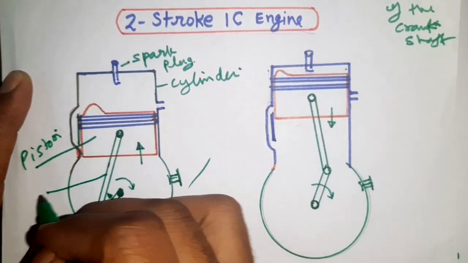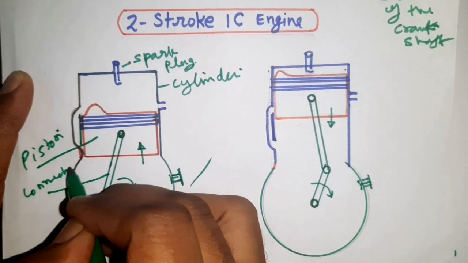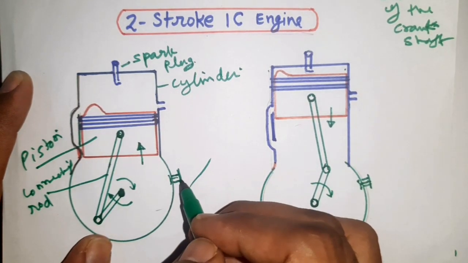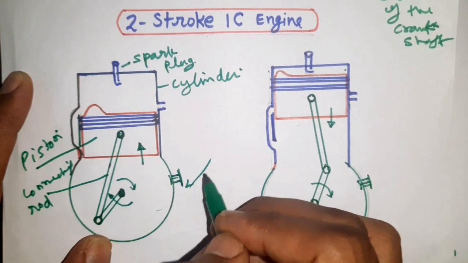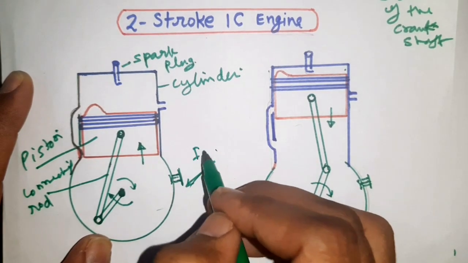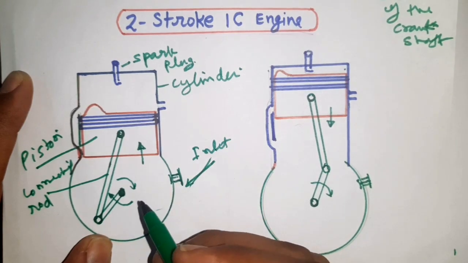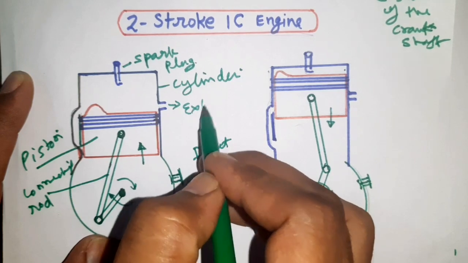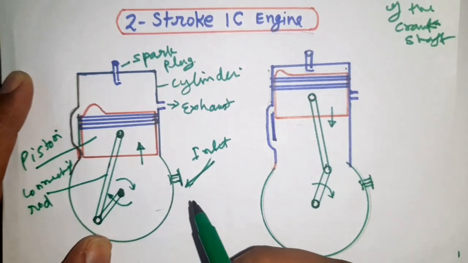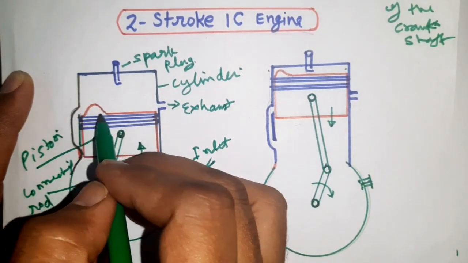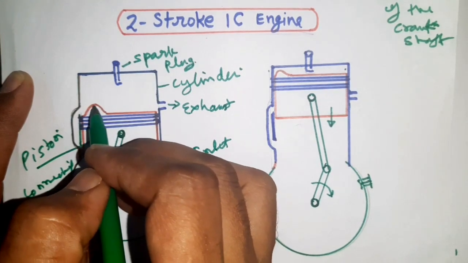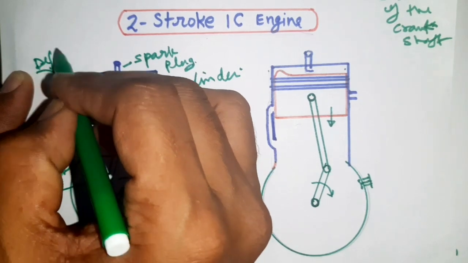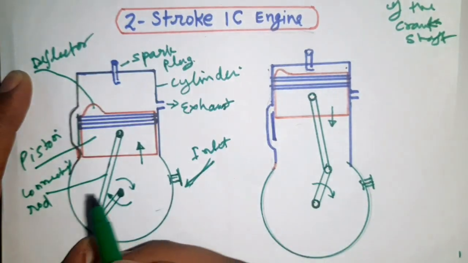This is the connecting rod, and this is the inlet, the fuel inlet, the air-fuel mixture inlet. This is the exhaust, and this is the piston head, and on this piston head there is a deflector.